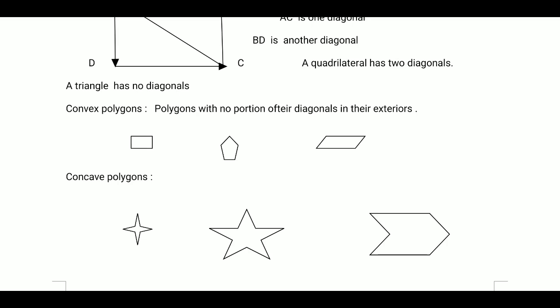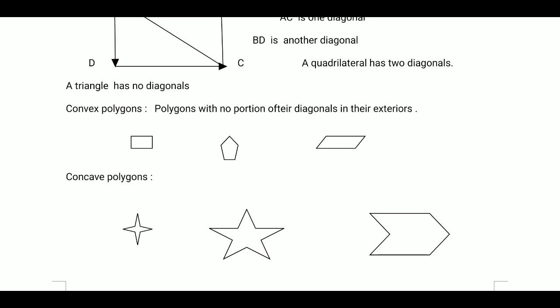The full diagonal should be within the polygon. These kinds of figures are like this. Rectangle, if we draw diagonals, both diagonals will lie within it. A pentagon, if we draw diagonals, all diagonals lie within it. And a parallelogram, if we draw its diagonals, all will lie within the parallelogram.